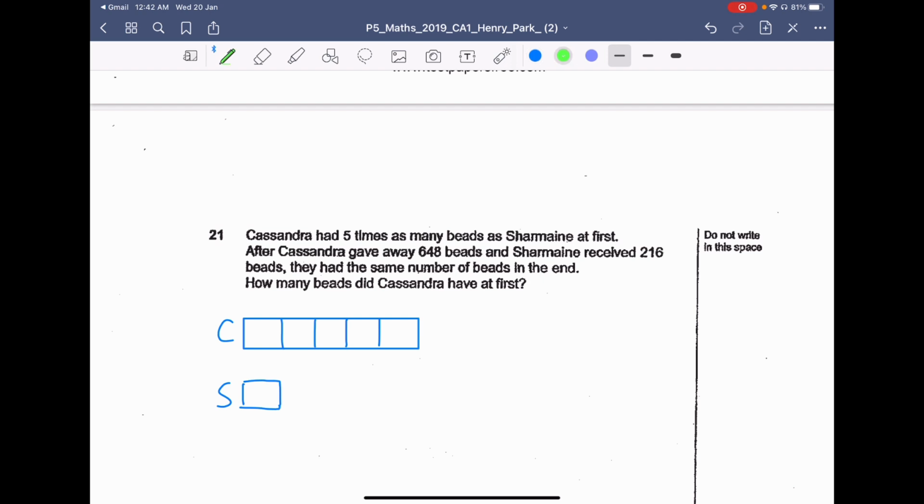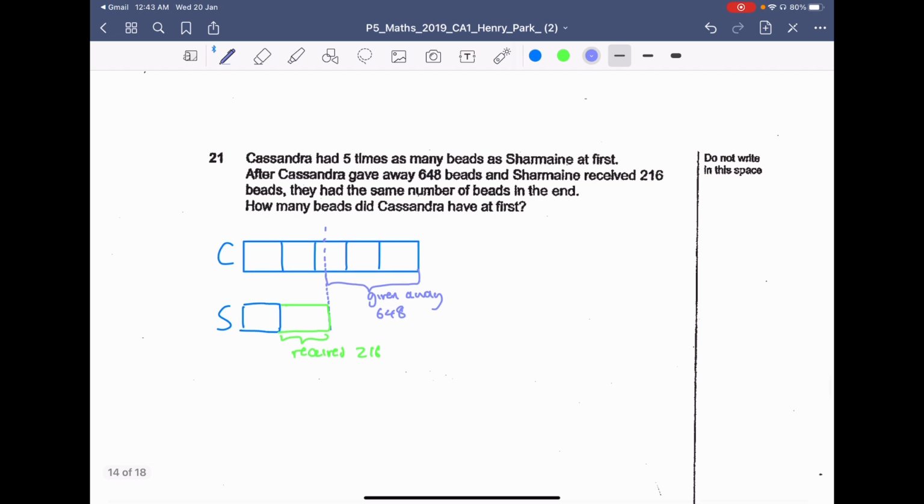So Cassandra gave away 648, which is maybe around here. Given away. And Charmaine received 216. They have the same number of beads.